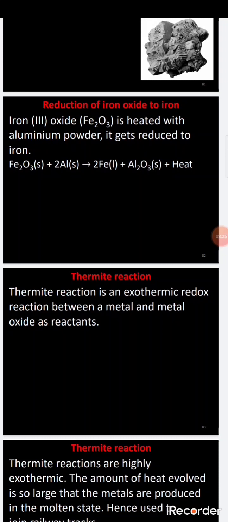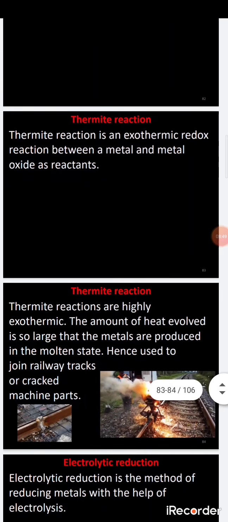So Fe2O3 plus Al gives rise to Fe plus Al2O3, and this is used to join railway tracks or cracked machine parts. So the thermite reaction is an exothermic redox reaction between a metal and a metal oxide.